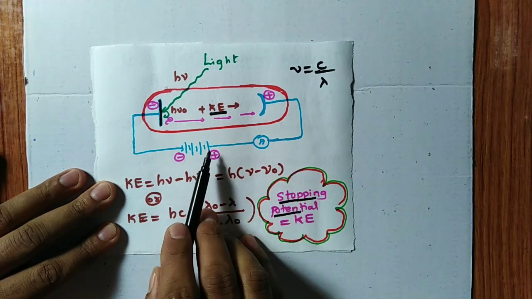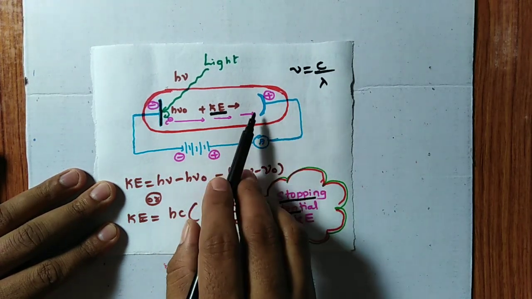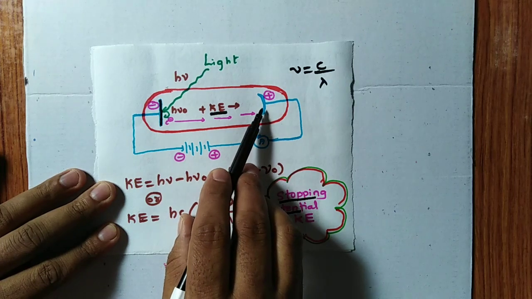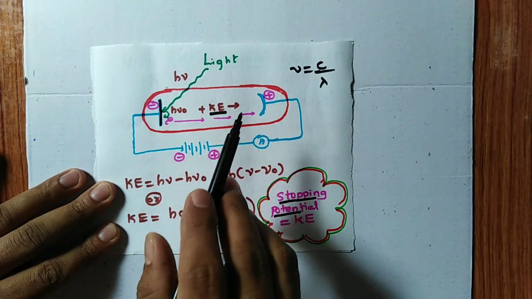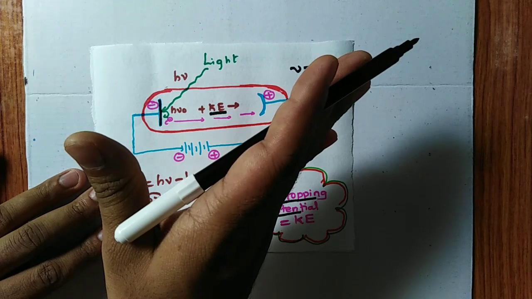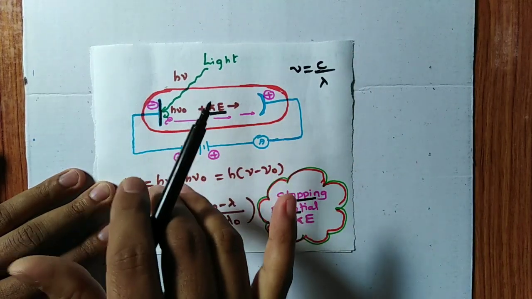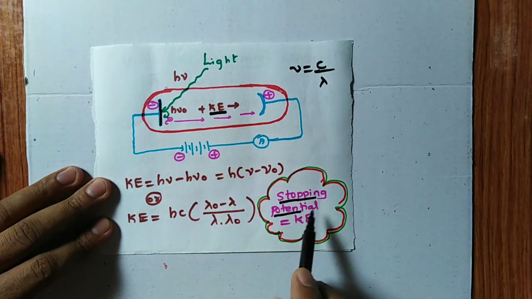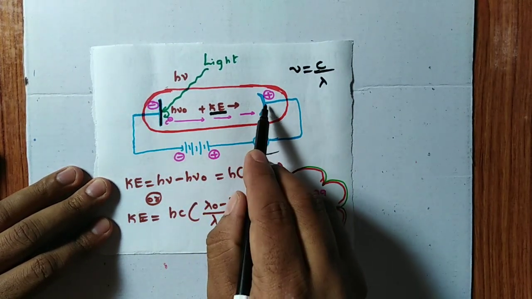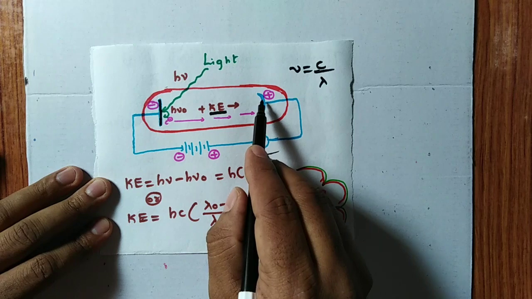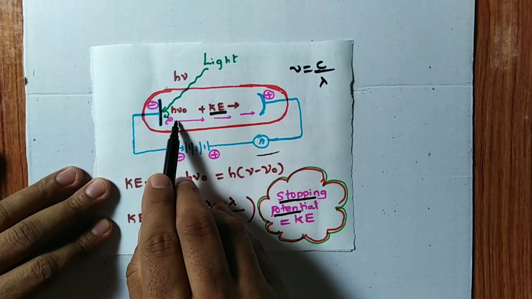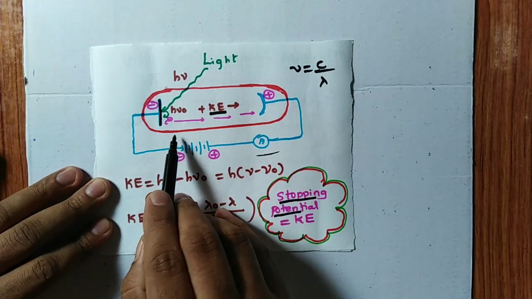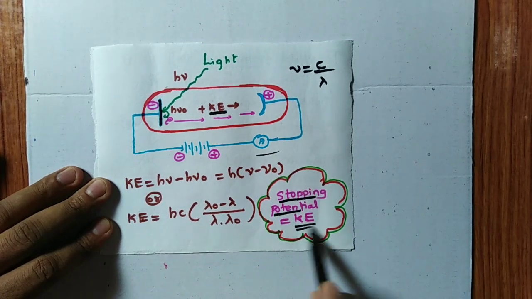Now with the help of a battery we apply a potential equal to the energy required to stop the movement of that photoelectron, that is, energy equal to the kinetic energy. So stopping potential is the potential we apply from the opposite end, from the anode side, to stop the movement of the photoelectron. We can call it the stopping potential or kinetic energy.